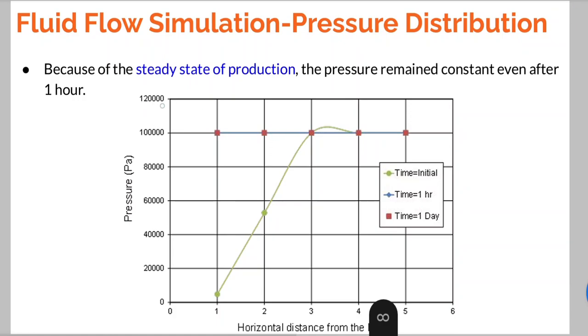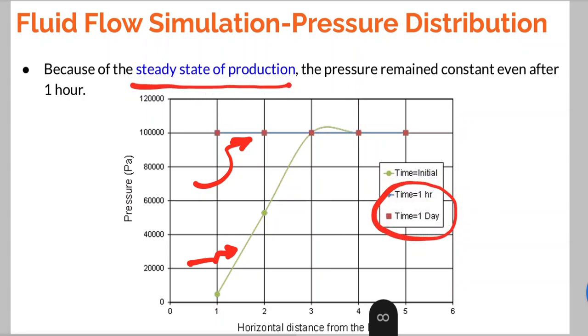The pressure reached the steady state of production after 1 hour. This is the pressure distribution at the initial condition, and this is the pressure distribution after 1 hour and 1 day. For this time, the pressure reaches the steady state of production.